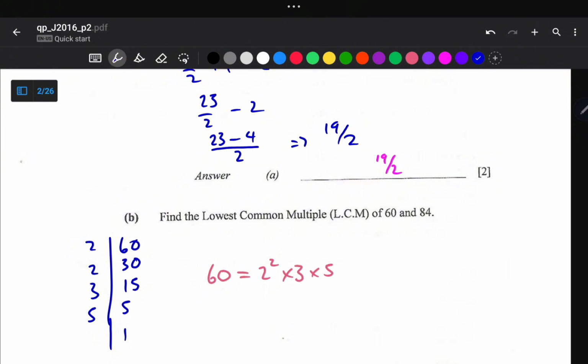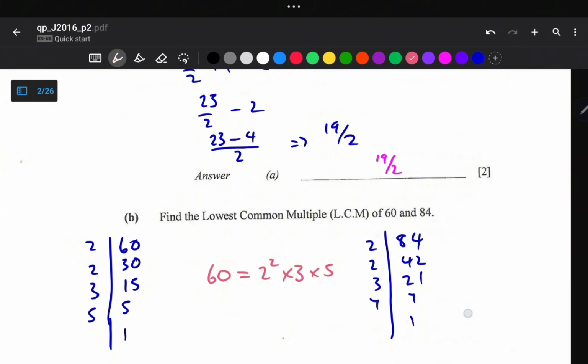And then for 84, we divide 84 by the smallest prime factor, which is 2. So 2 into 84 gives us 42, and 2 into 42 gives us 21. We can now say 3 into 21 gives us 7, and 7 into 7 is equal to 1.